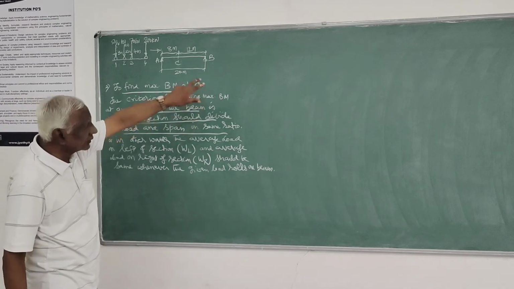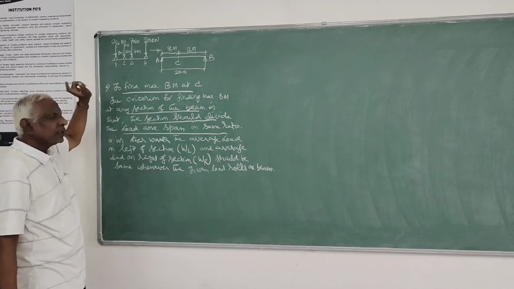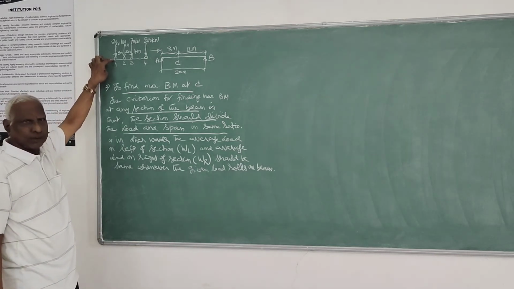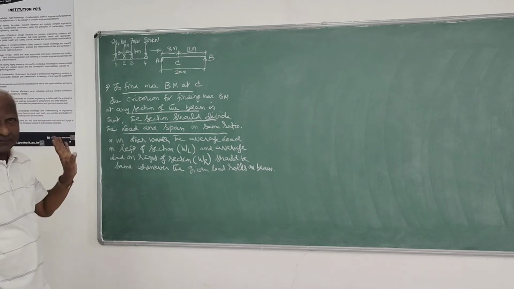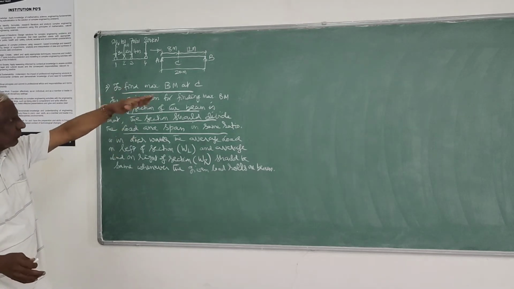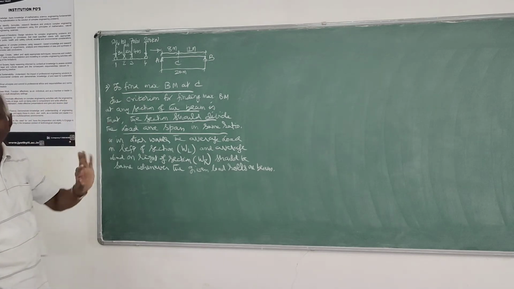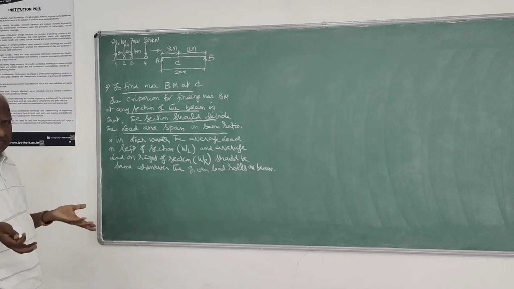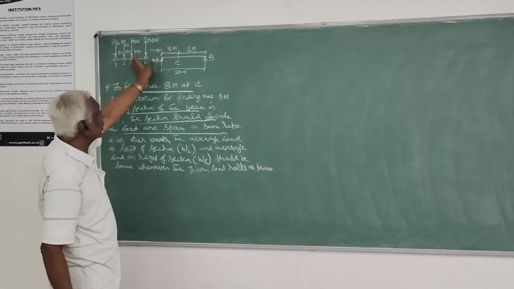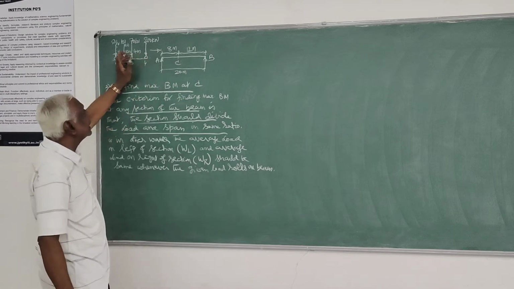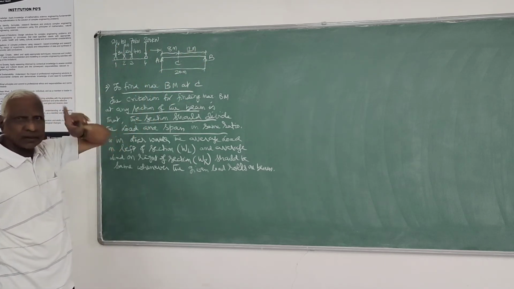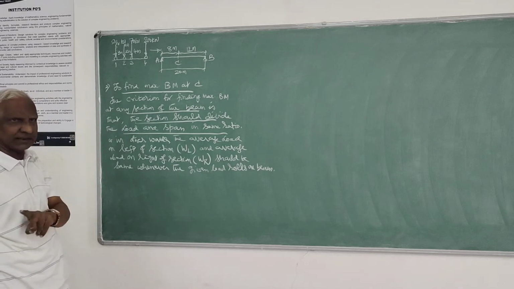If you are allowing the load to move from right to left, then you place initially the left extreme load at the section. Either way, both should give the same solution. Only thing is, initially you have to make sure that all loads are on the span. That is a very important thing.